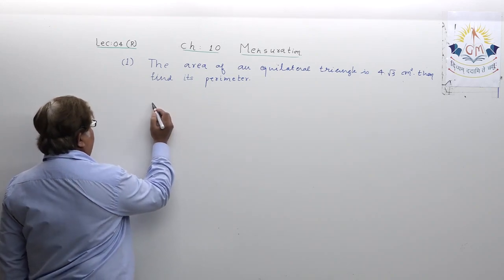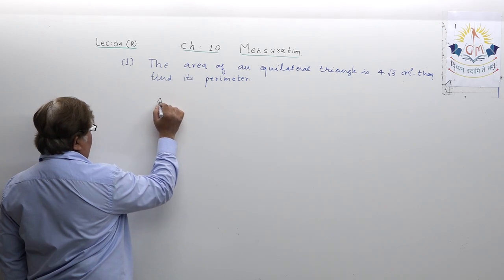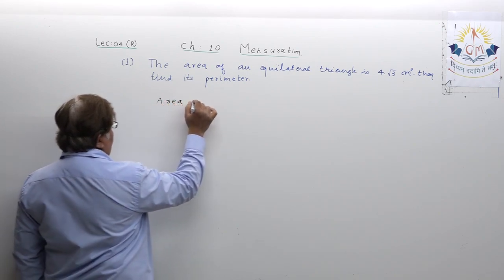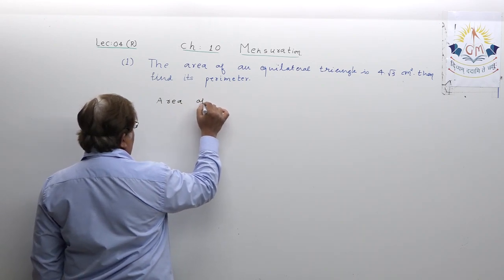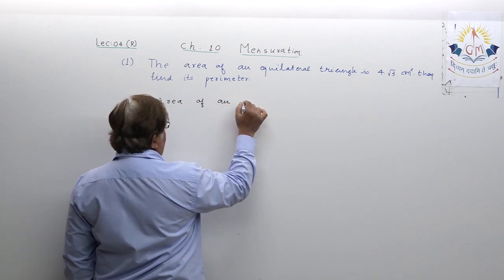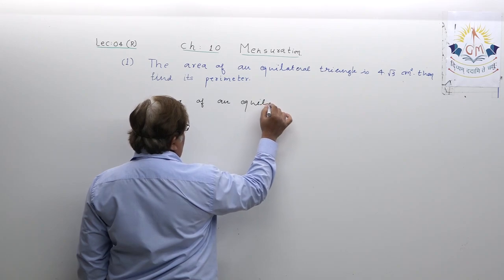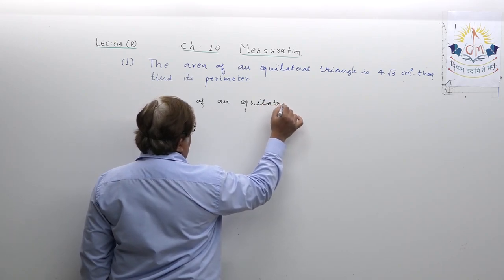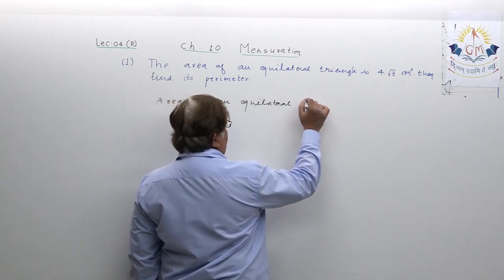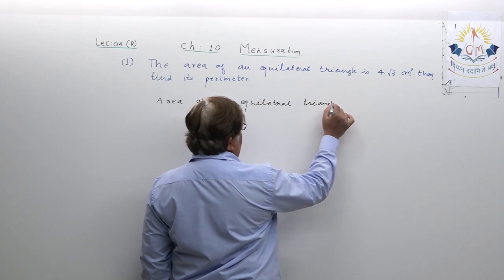Let me first write the formula. Area of an equilateral triangle.